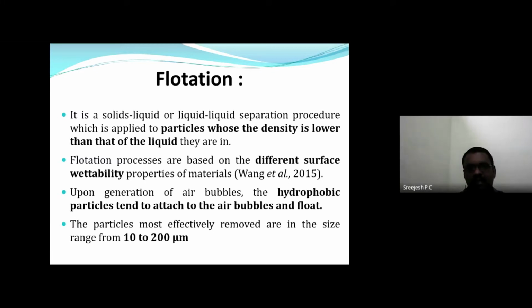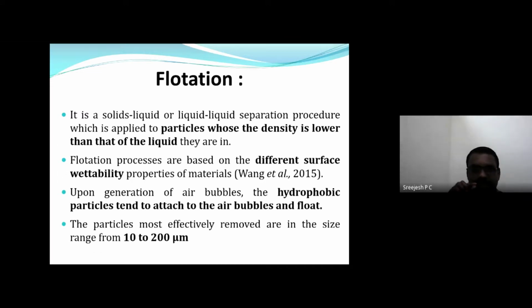When we are doing this flotation process and the air bubbles are generated, the hydrophobic particles attach to the air bubbles and float. The hydrophilic particles remain in the aqueous solution.